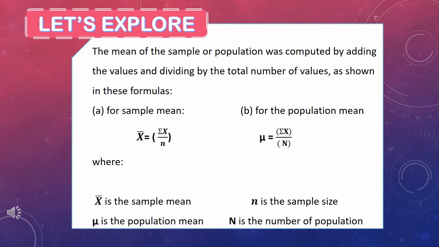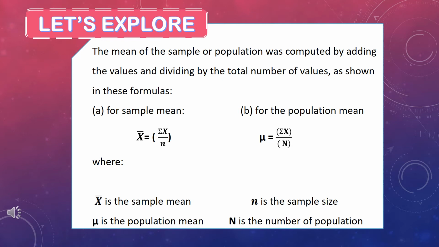And then for the population mean, we use the mu symbol, and then population mean is equal to summation of x over capital letter N. So, ano ba yung pinagkaiba ni sample and population mean? So, kapag sinabi nating sample mean, ito yung collected data from the population. And then, pag population mean naman is yung large number or meron tayong estimated value for that.